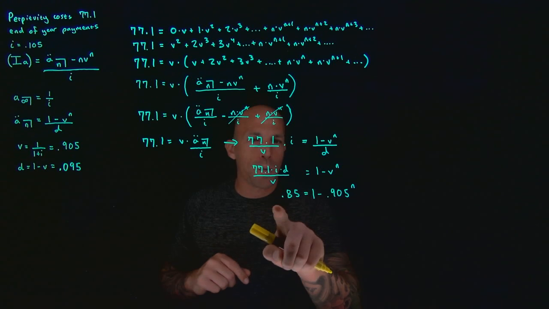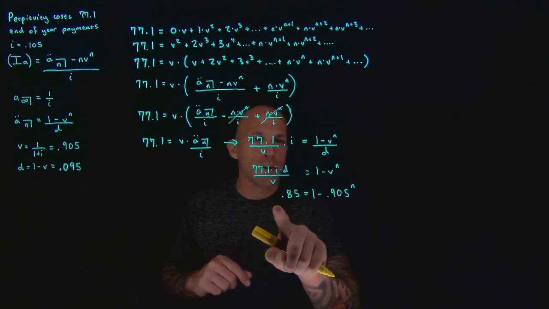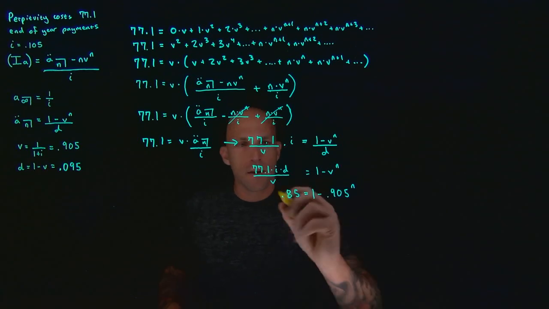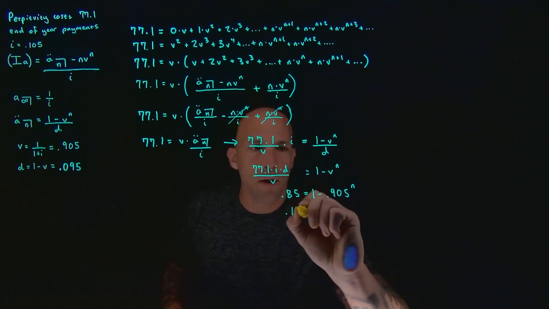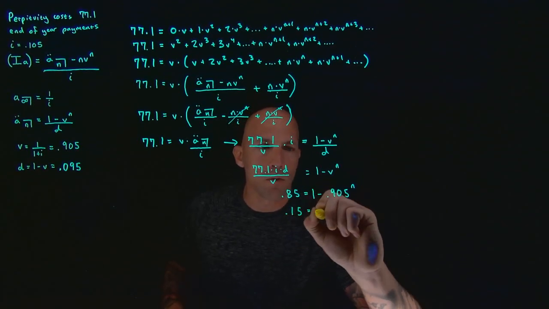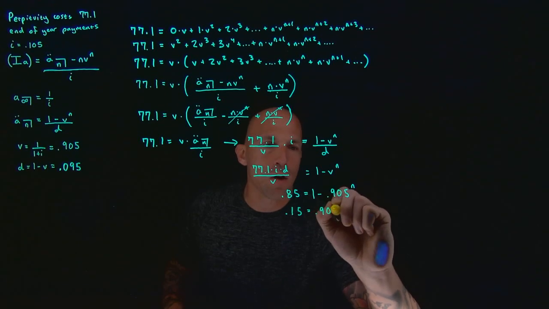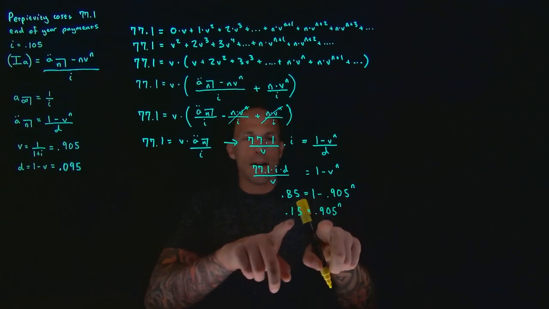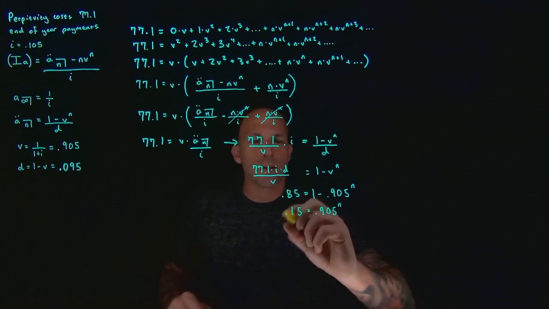So let's subtract 1 from both sides and then multiply both sides by -1 to get 0.15 equals 0.905 to the n. You can take the natural log of both sides.